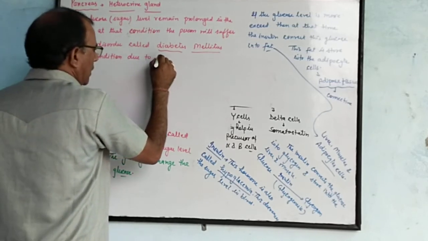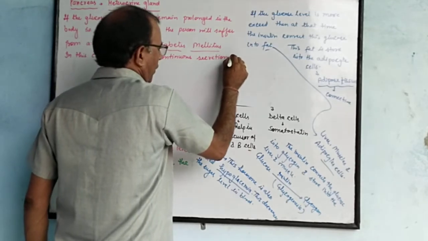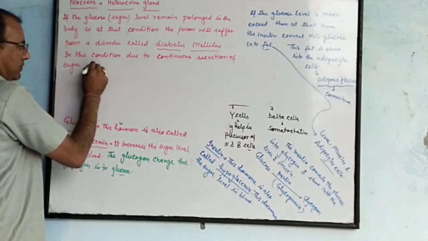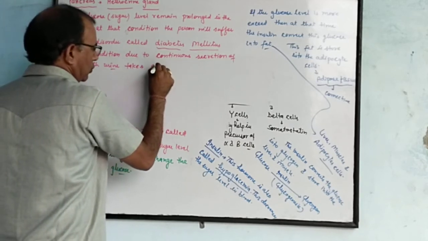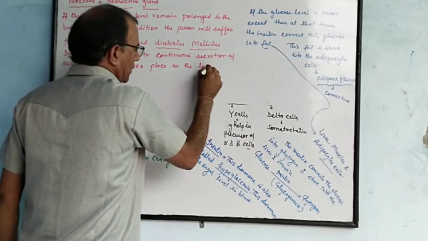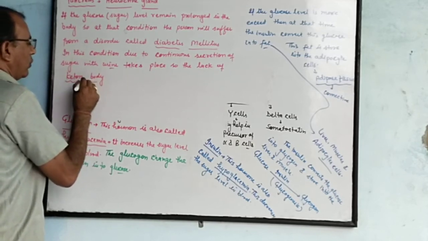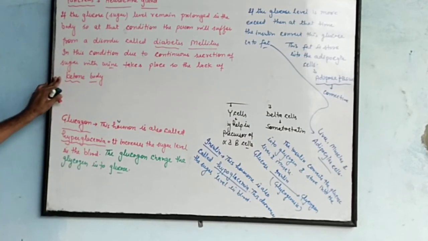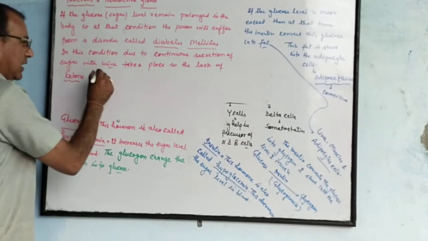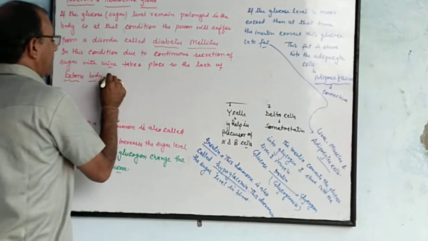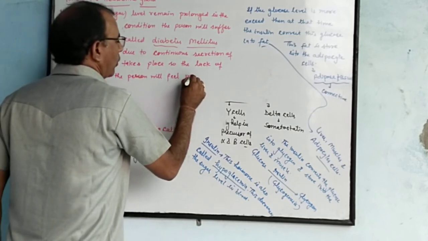Due to the continuous secretion of sugar with urine, there is a lack of ketone bodies in the body, so the person is not able to create energy, and the person will feel more thirst.